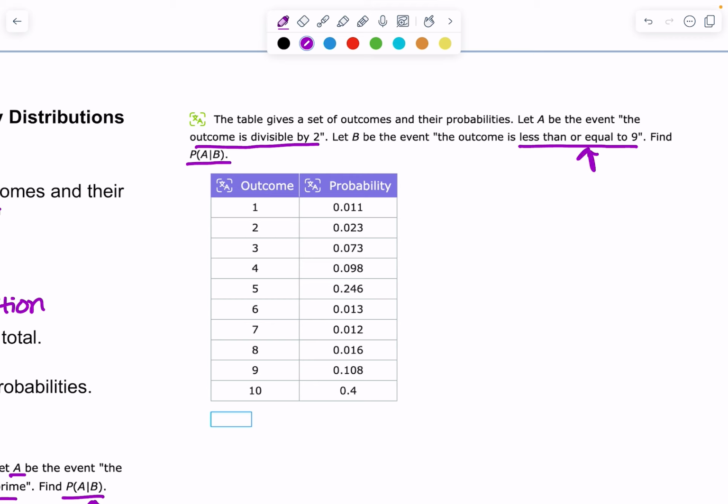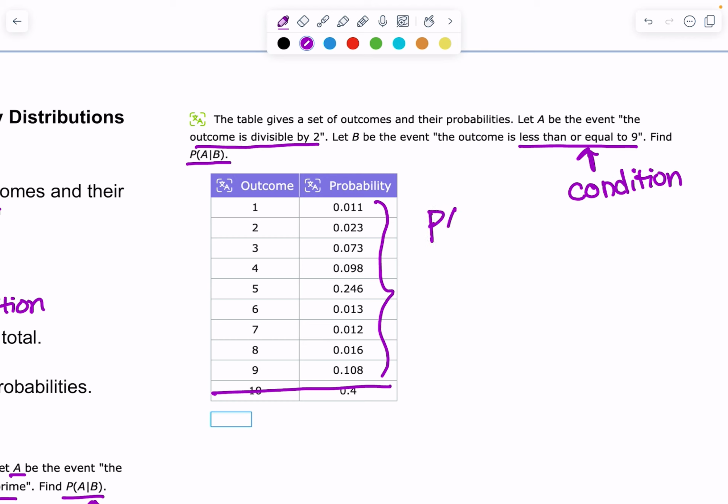So again, B is our condition. So we can cross off anything that is not less than or equal to 9. In this case, it's only 10. So since we only crossed off one thing, we can either add all of these things together, or we can say, well, I know that this whole probability distribution has to add up to 1.